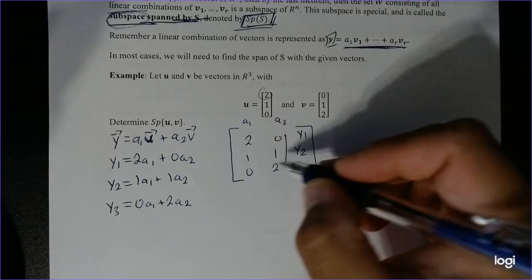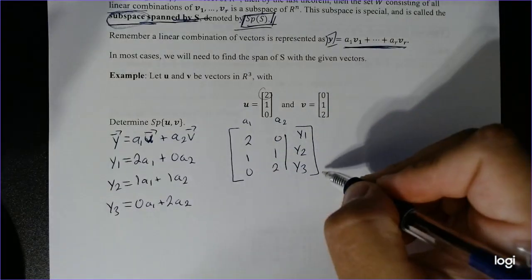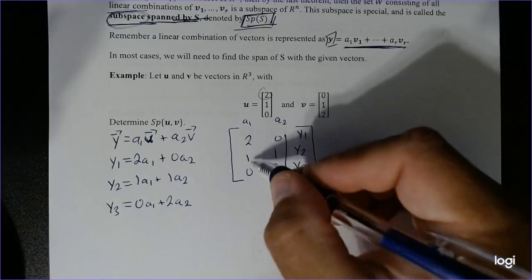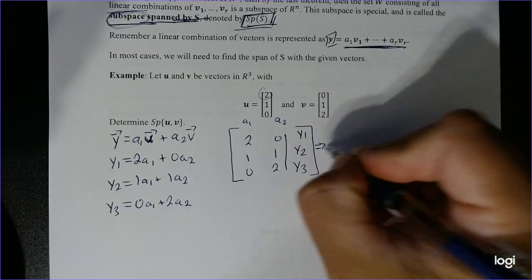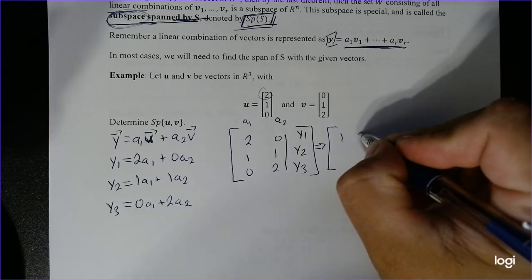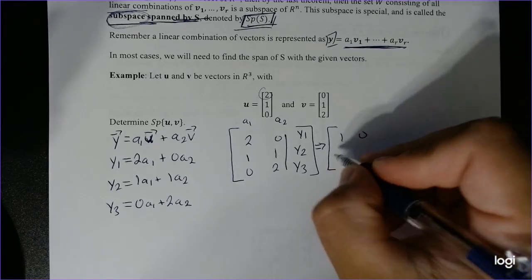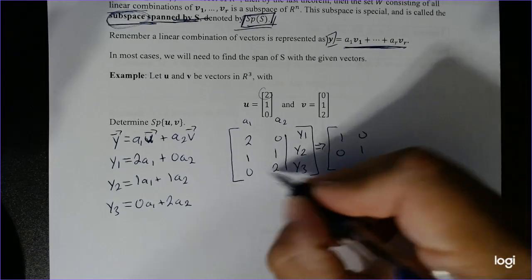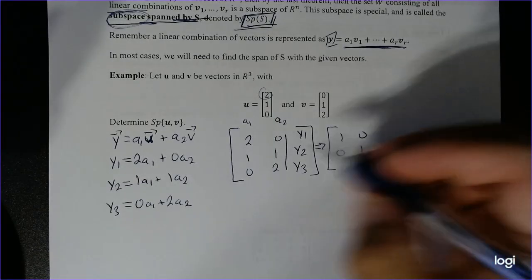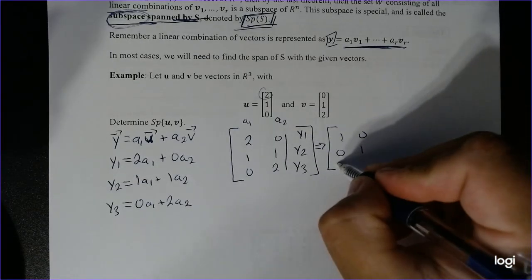This is pretty much already done, so we'll just multiply this row by 2 and add it to the top row, and we'll eventually get this. And then divide this by 2, simplifying everything as much as possible.